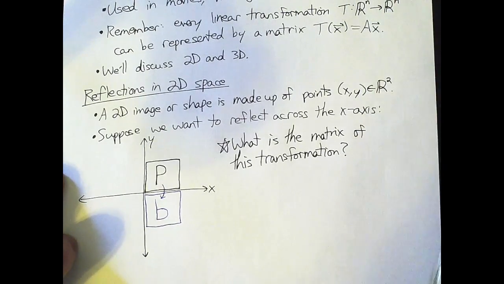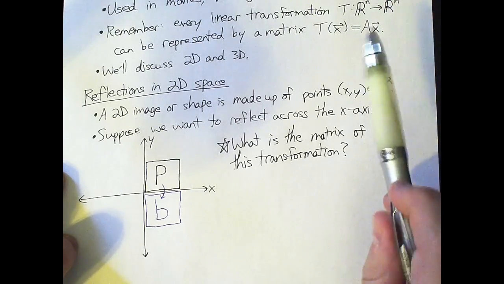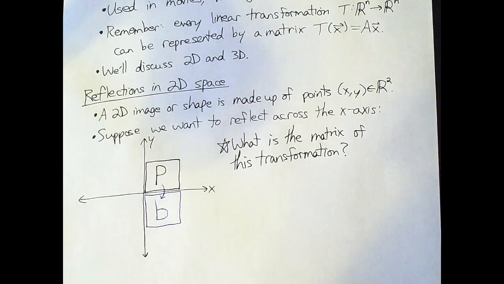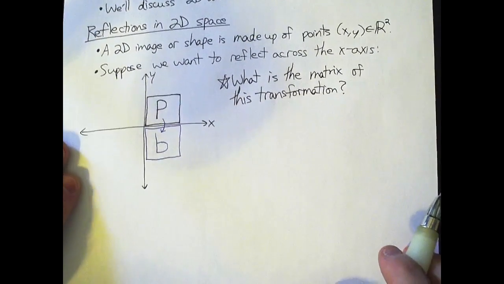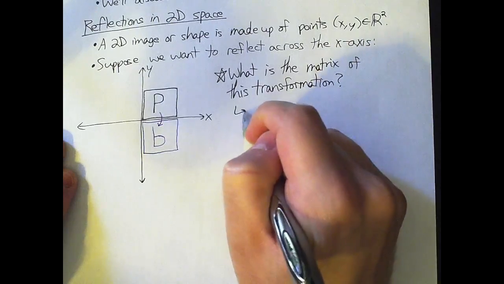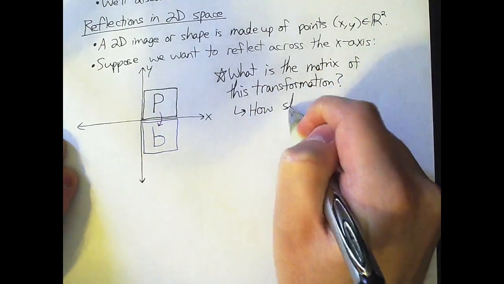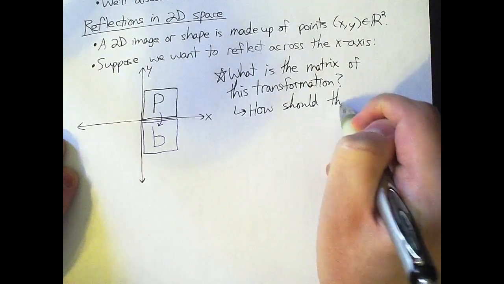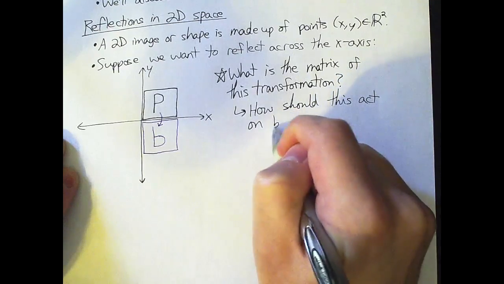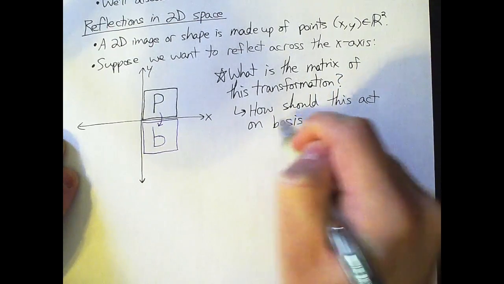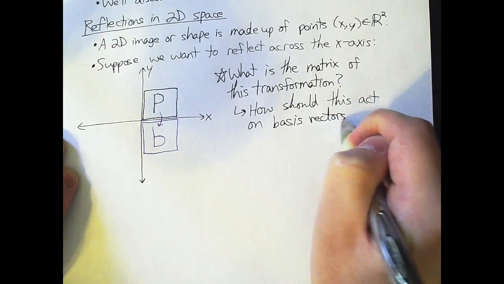Remember, when we are given a linear transformation as a formula, the way that we would find the matrix A is we would look at how the linear transformation acts on the columns of the identity matrix. In other words, how should this act on the basis vectors of R2?